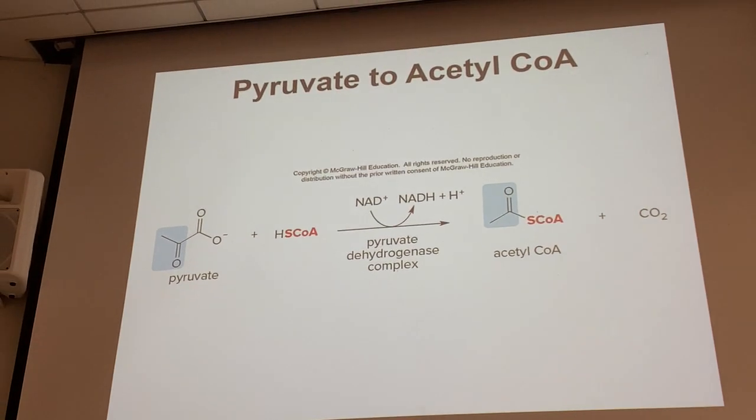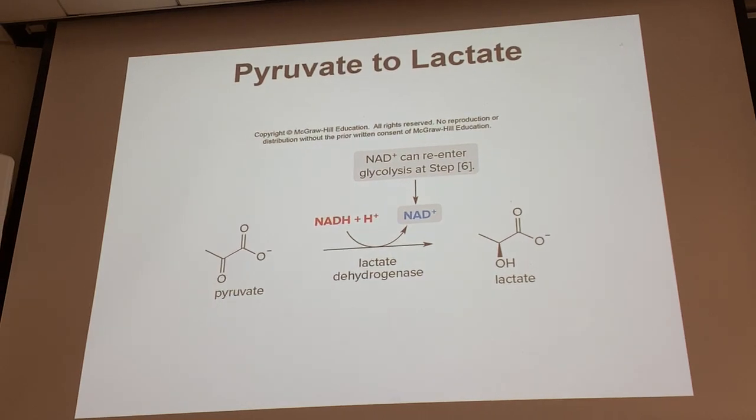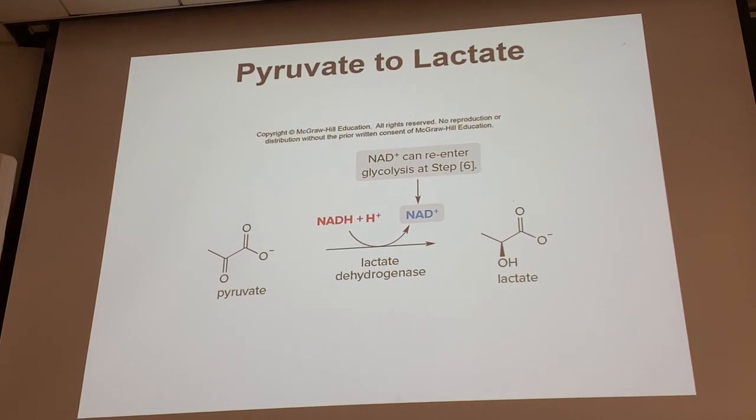Okay? Under anaerobic conditions, your pyruvate's going to get converted to lactate. And the entire purpose of this pathway is to generate more NAD+. So if you're exercising, if your muscles are using glycolysis to produce energy, and if you've depleted your NAD+, then your ability to keep working out, keep playing your sport, keep doing whatever you're doing is going to diminish.